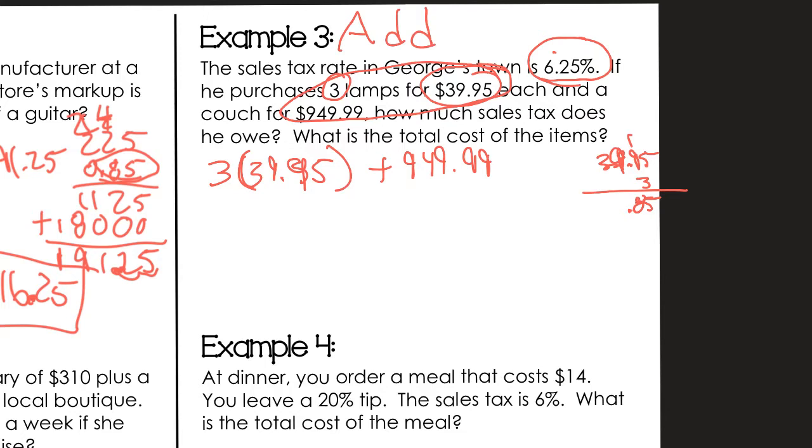So 27 plus 2 is 29. 3 times 3 is 9 plus 9, so I got 11. So 119.85 is what I'm looking at for these 3 lamps, 119.85, plus the 949.99.